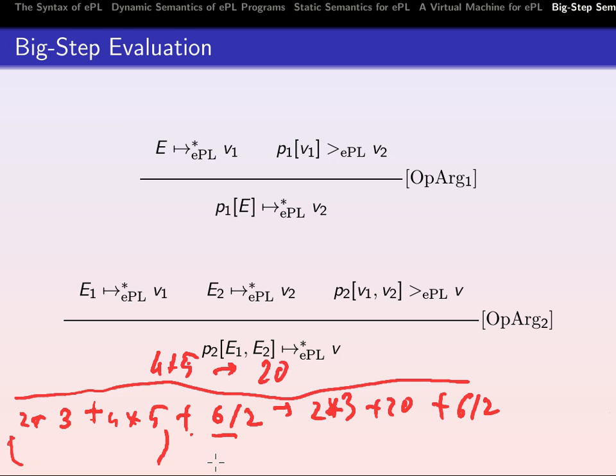If plus is a binary operator, all pluses need to have two sides, right? So this plus, which are the 2 sides? If you're going to tell me that the 2 sides are 4 times 5 and 6 divided by 2, then I'm going to ask you, what are the 2 sides of this plus? Because at that point, that plus doesn't have 2 sides anymore, right?